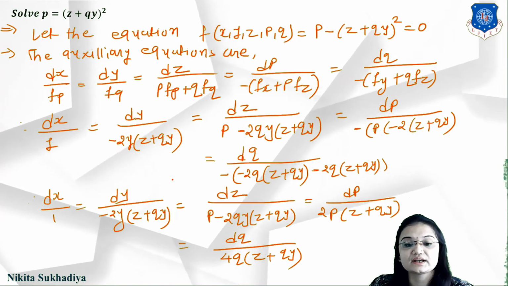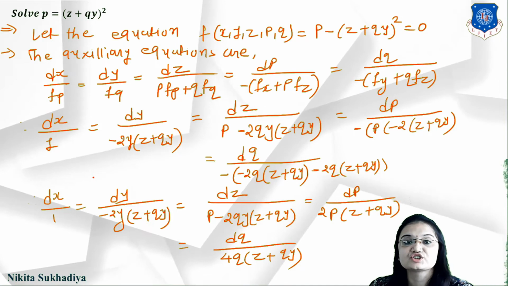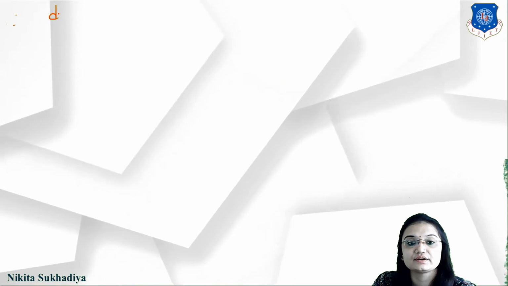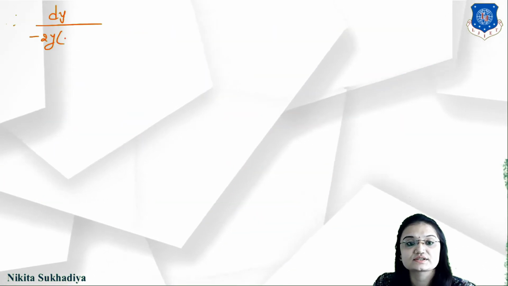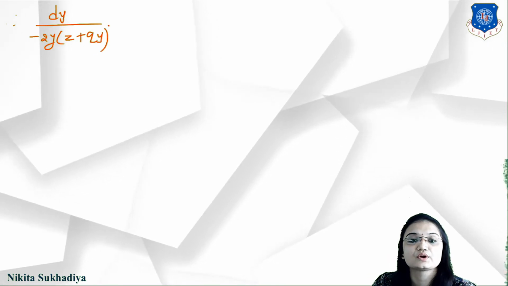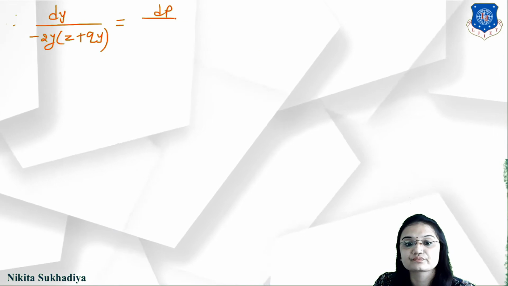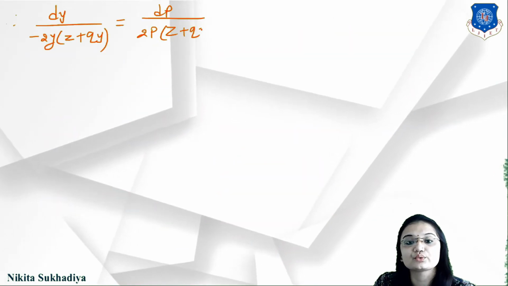Okay, so now by taking the second fraction and the fourth fraction, here we have dy upon minus 2y into z plus qy is equal to dp upon 2p into z plus qy.